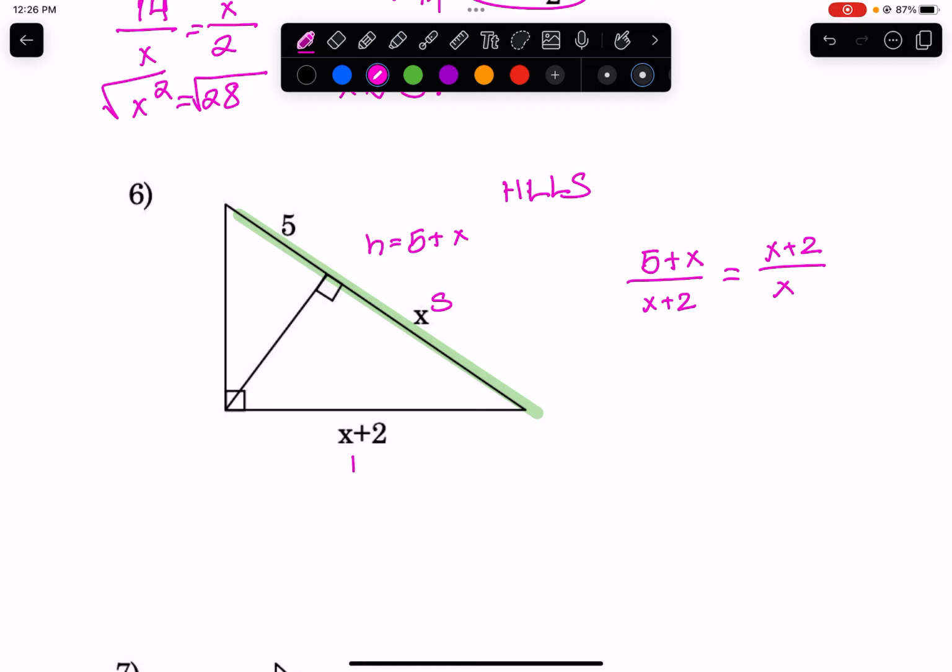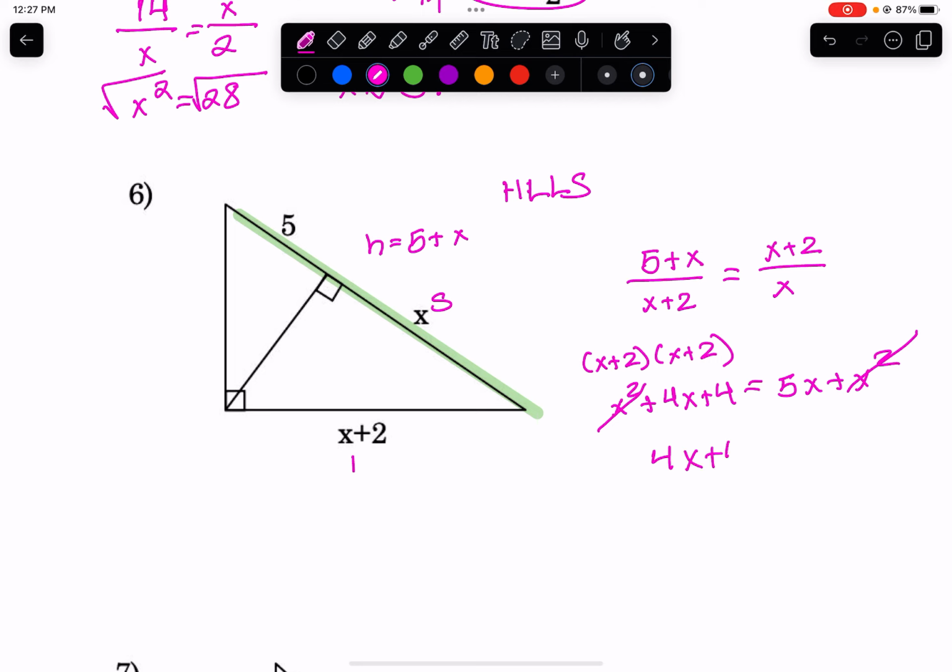This one's going to get a little bit messy. You have to double distribute to get x squared plus 4x plus 4 is equal to 5x plus x squared. Now I'll subtract the x squareds from both sides, so I'm left with 4x plus 4 is equal to 5x. When I subtract 4x from both sides, I get that x is equal to 4.